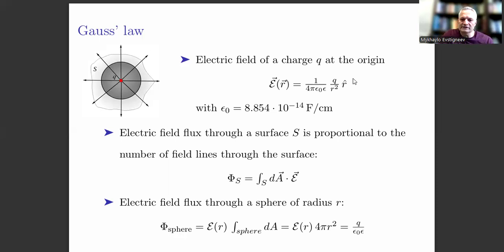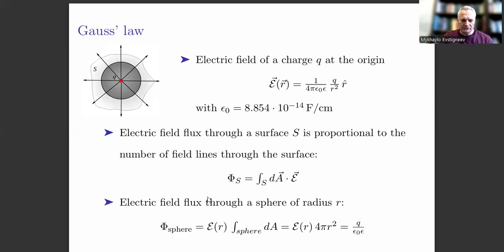So the electric field is the same. And second, the electric field is perpendicular to the surface of the sphere at every point. So the dot product of the infinitesimal surface area vector dA and the local value of electric field is just the product of their magnitudes.